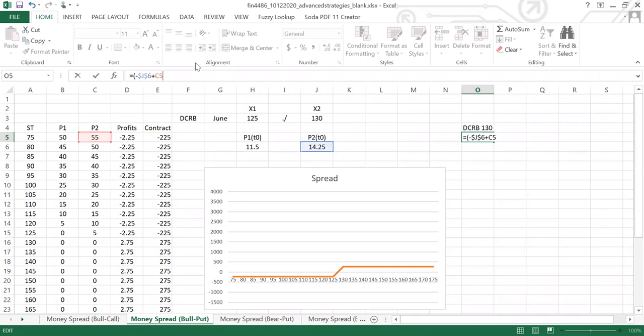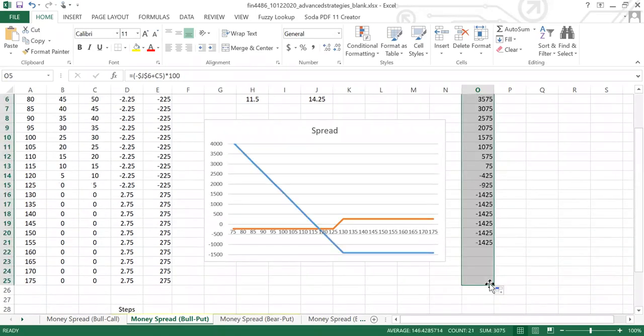Finally, we multiply this by 100. And that's it. And we can scroll this down. And in this case, it was already set up in the chart. So we already get it right there.